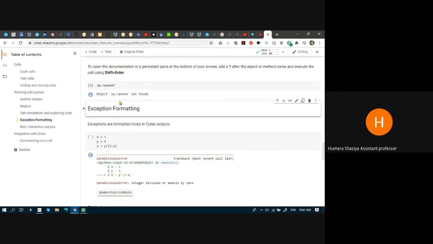Because this is an introductory notebook, all the features are not enabled. I'll show you all the features in another notebook. But this is how an error is displayed if there is any exception.